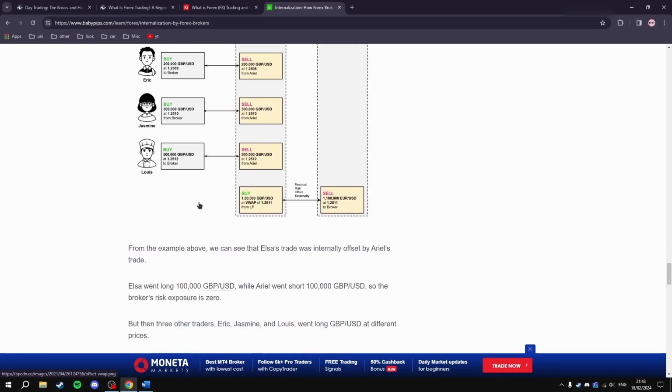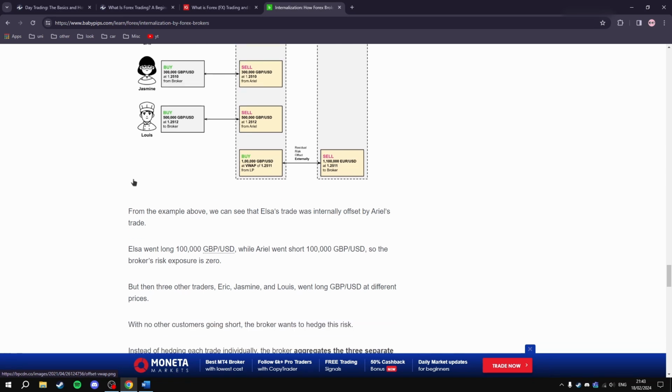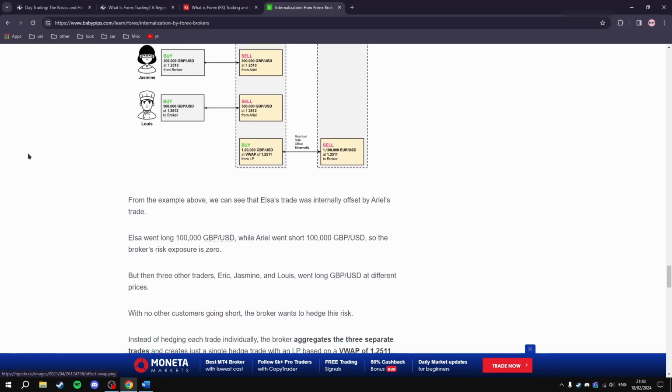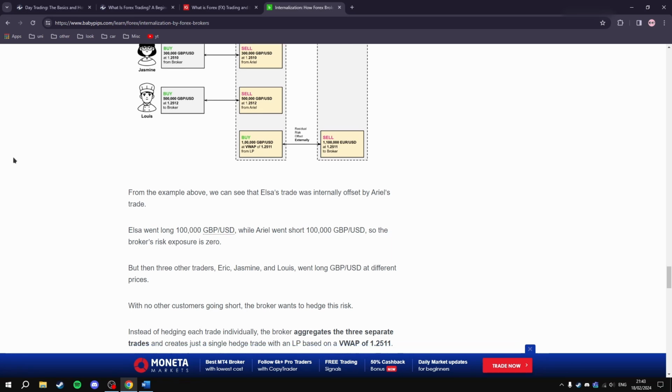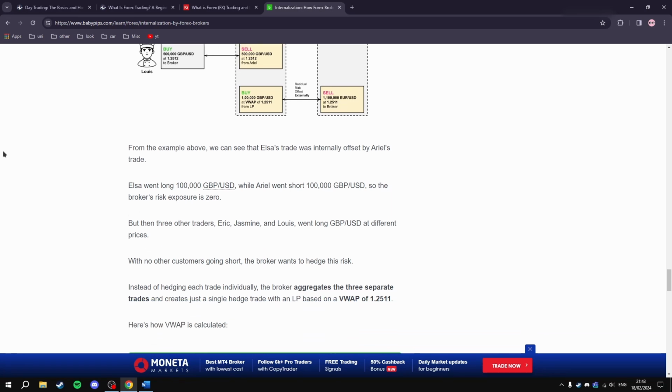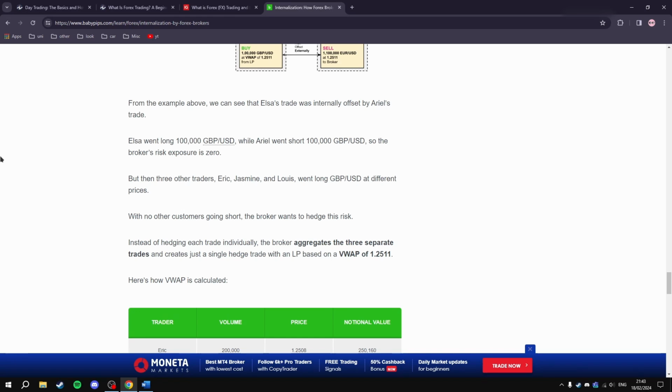From the example above, we can see that Elsa's trade was internally offset by Ariel's trade. Elsa went long 100,000 GBPUSD whilst Ariel went short 100,000 GBPUSD. So the broker's risk exposure is 0. But then 3 other traders, Eric, Jasmine and Louise, went long GBPUSD at different prices. With no other customers going short, the broker wants to hedge this risk.